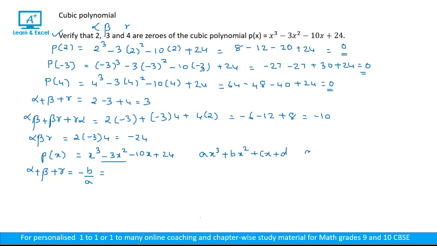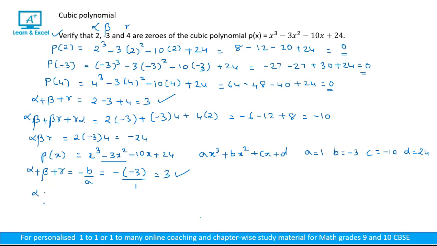So we'll get a as equal to 1, b as equal to minus 3, c will be equal to minus 10 and d will be equal to 24. So we'll have minus b by a as equal to minus of minus 3 by 1, which is plus 3. So here we can see that both values are 3.